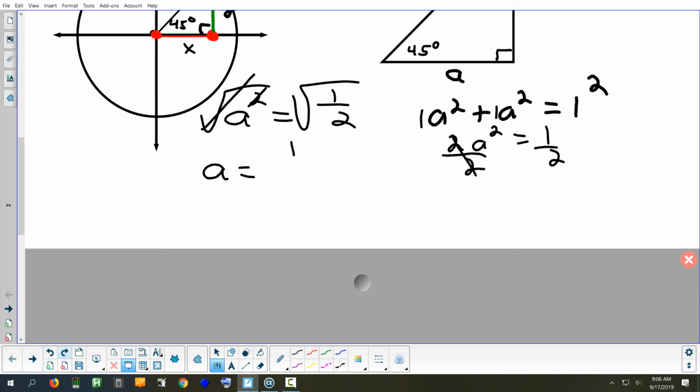Like square root of 2, do you get a nice answer? No, so we just leave it. Yeah, it's square root of the bottom. Right, so we can't have the square root at the bottom, so how do we fix it? We're going to multiply top and bottom. So what does that leave me with in the top?